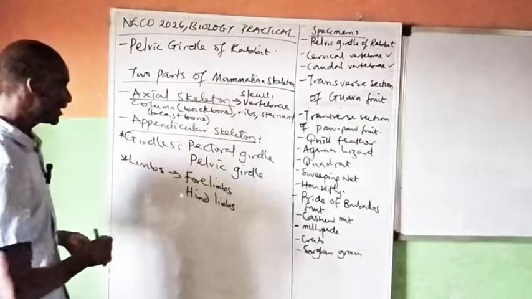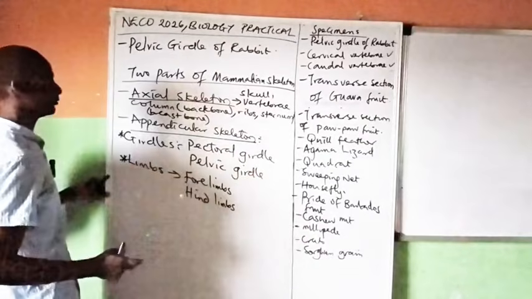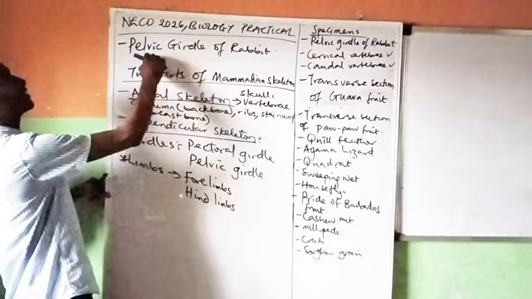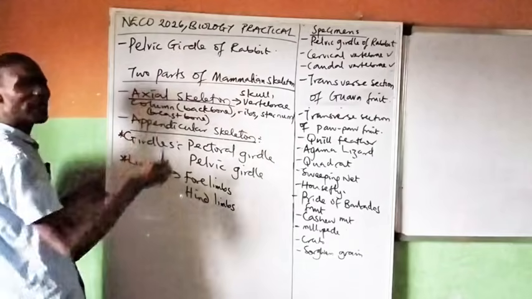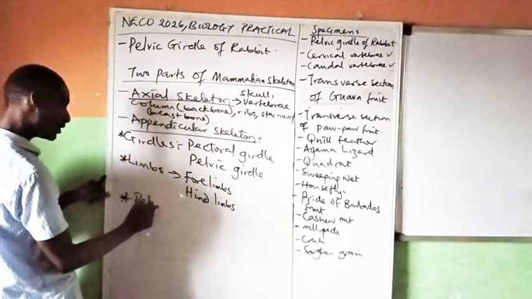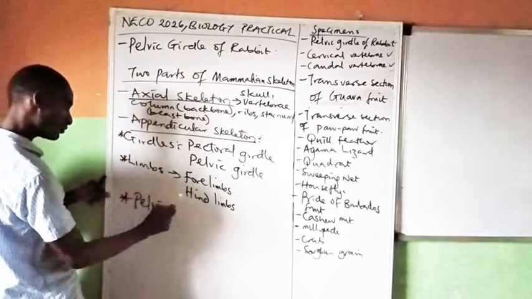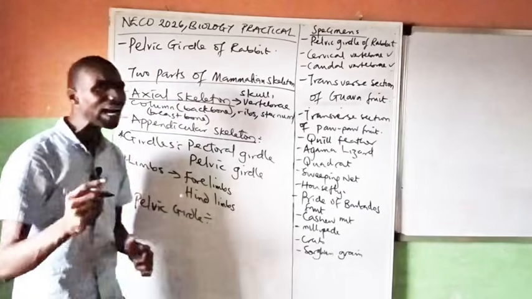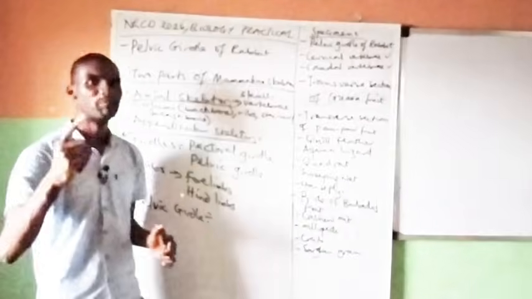It's a girdle. Now, let us break this down. Let's start with the pelvic girdle, since this is what we have in our practical. There are 3 bones that make up the pelvic girdle, and I'm going to give you an acronym for it. The acronym is PII.